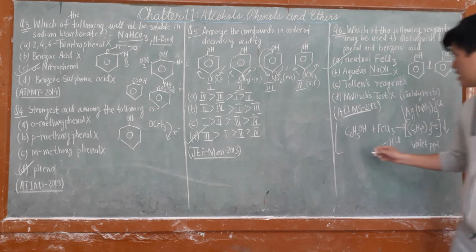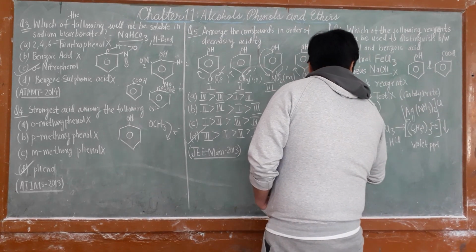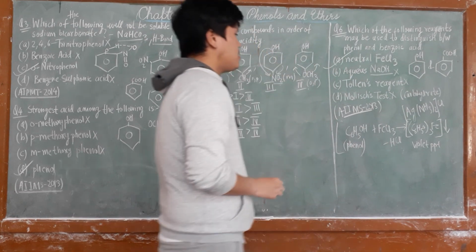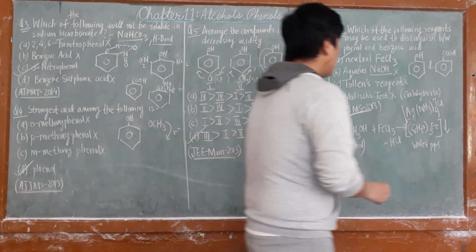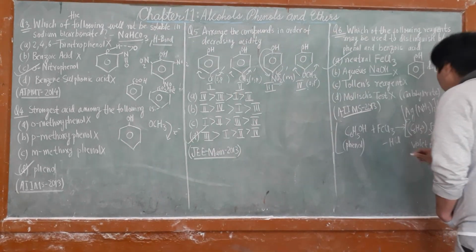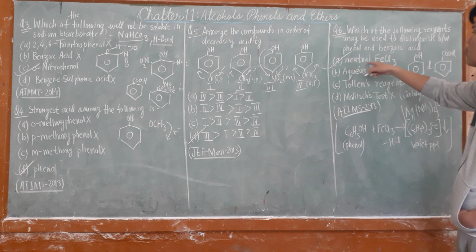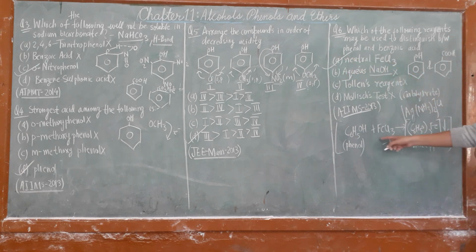Only phenol reacts with FeCl3 to form a coordination complex. So this is the reaction that we have talked about and solved in this question, the neutral FeCl3 test.